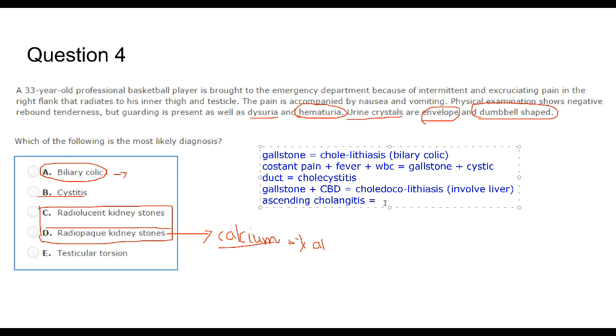So now you have the triad. Remember the triad? Charcot triad. What are the symptoms of Charcot triad? Right upper quadrant pain, jaundice, and fever. Exactly.